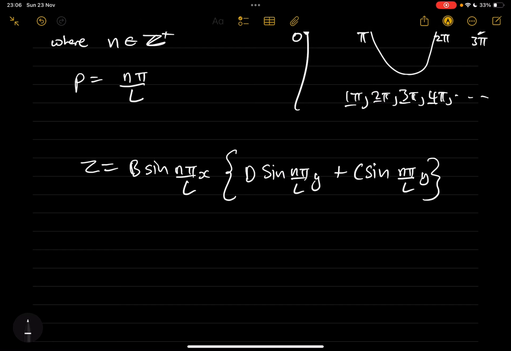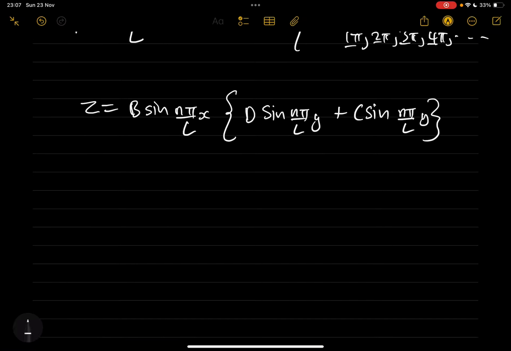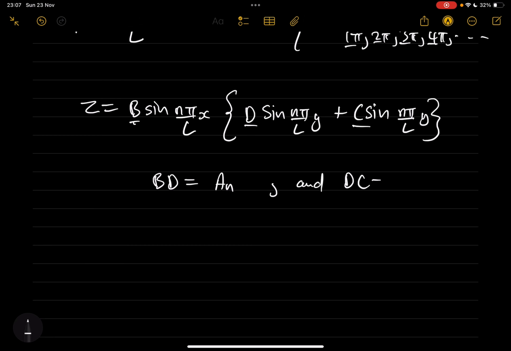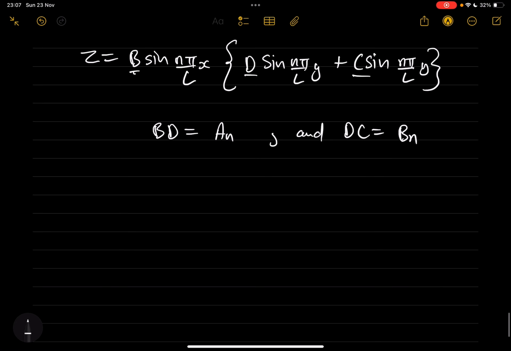So now from here I'm just going to multiply the coefficients. When you open the brackets, multiply with the coefficients BD, I'm going to say it's AN, and BC is going to be BN. Sorry, this is BC because I'm distributing B inside.